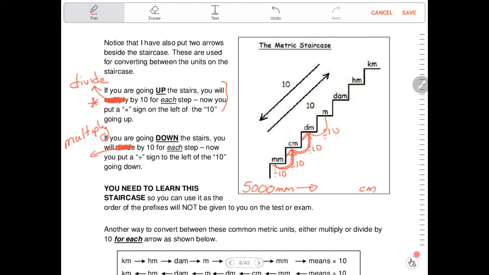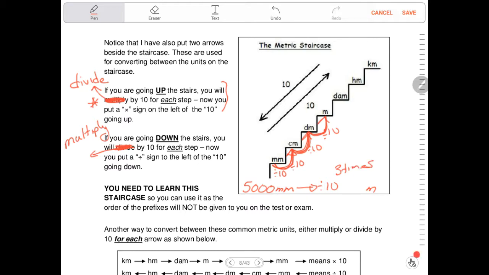So that's once, that's twice, that's 3 times in total. Sorry, I'm going to put this to meters. I apologize. So I want to take 5,000 millimeters into meters. So how many steps do we take? We take 1 step, 2 steps, 3 steps. So that means that you must take 5,000 and divide it by 10 3 times.